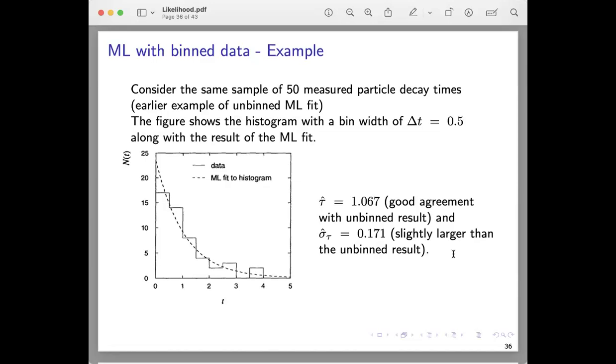This I'm not sure. Maybe you can discuss this during the school when we have more experts. I'm not sure if there is a way to optimize the bin. One way people do the binning is to keep the relative error similar for each bin.